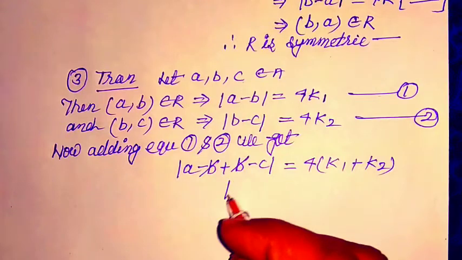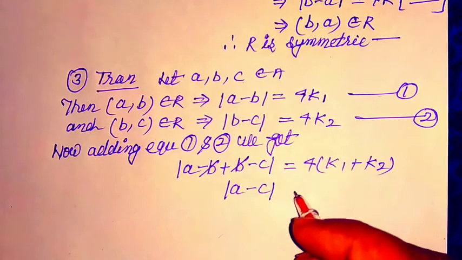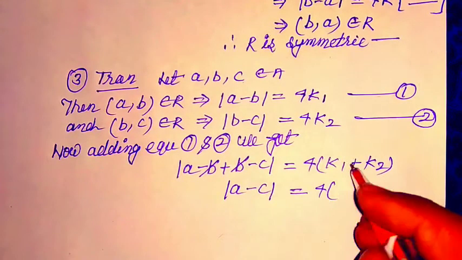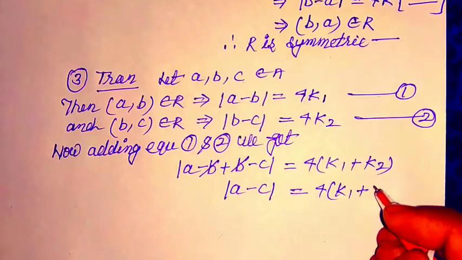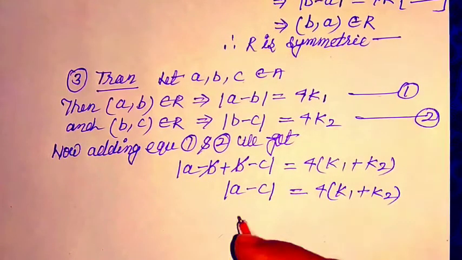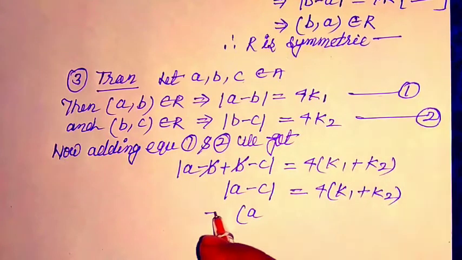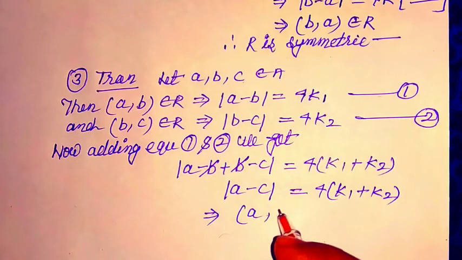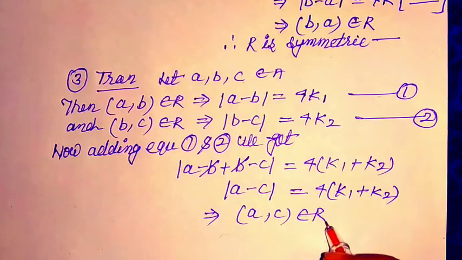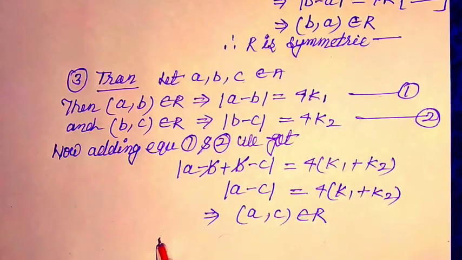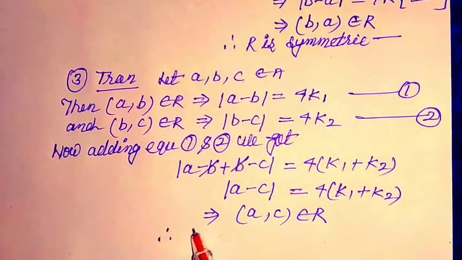So we will get a minus c equals 4(k1 plus k2), it is a multiple of 4, we can say. That implies that (a, c) belongs to R. So we can say R is transitive.